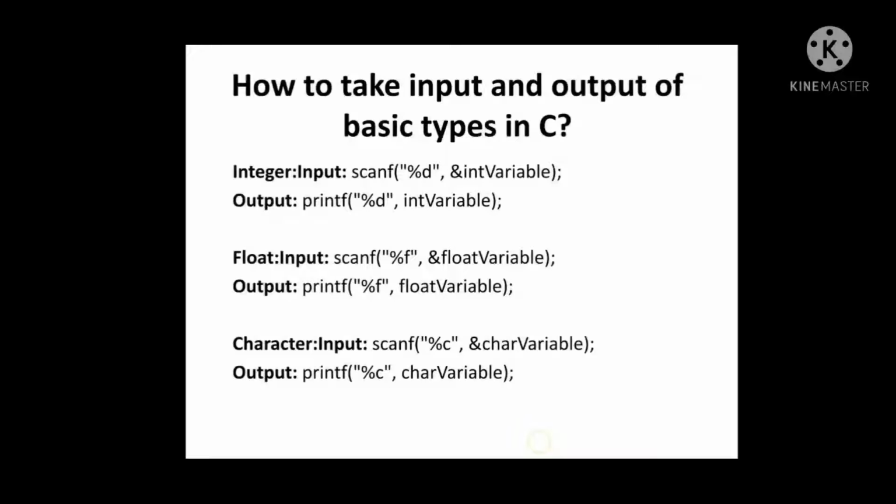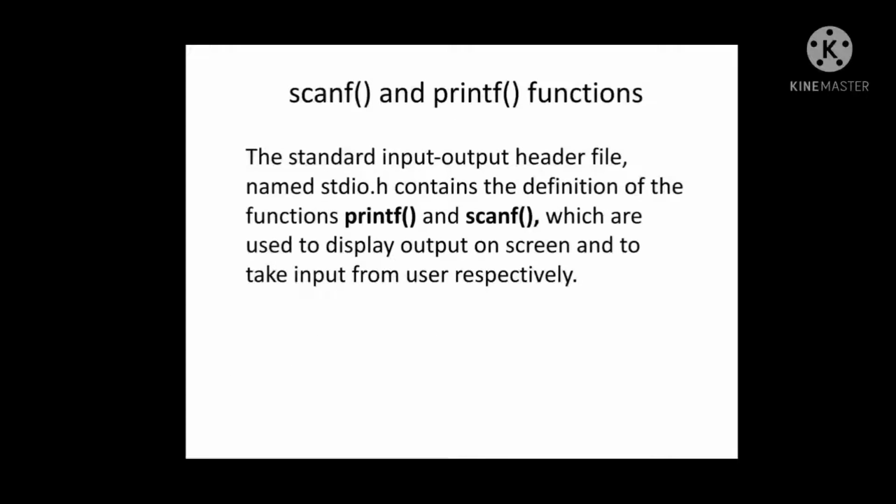For example, %d is used for decimal integer, %f is used for floating point number, and %c is used for character variable. In this video, we will discuss about the input functions scanf and getchar and output functions printf and putchar.